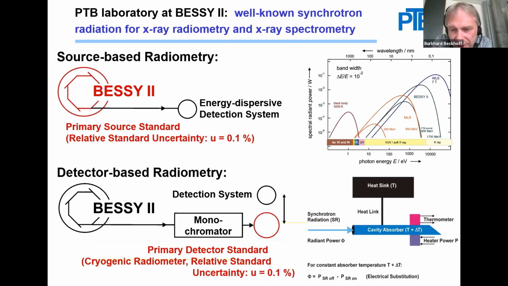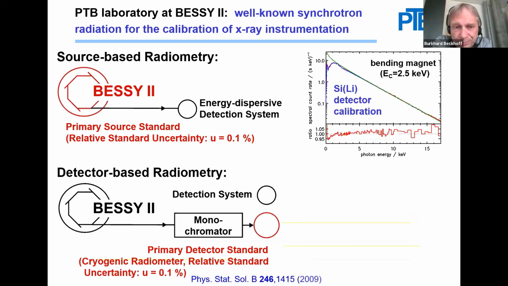That's basically a cavity cooled down to liquid helium. And when you allow monochromatic radiation to pass into the cavity, you just reduce the heating power to keep the temperature constant. And this can be done also with uncertainties in the 0.1% range. These two techniques we use to calibrate the detectors that we use for TXRF analysis.